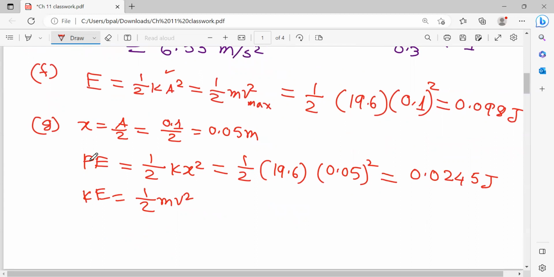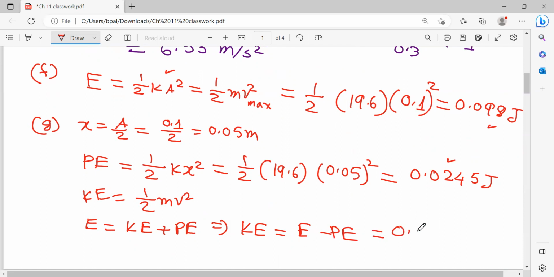So that's one way. Another way is to use this equation. E equals kinetic energy plus potential energy. So the kinetic energy is equal to E minus potential energy. We know E is this one, potential energy is this one. So we can just subtract them and get the kinetic energy.